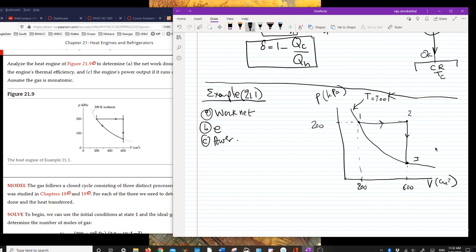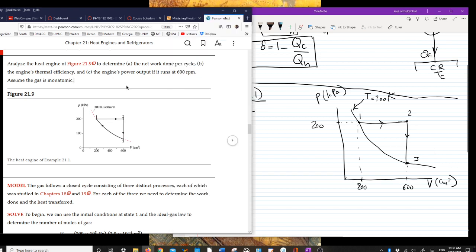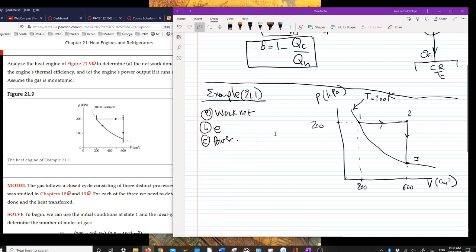One important thing is the very last sentence, he said, assume the gas is monatomic. When we say the gas is monatomic, what comes to my mind is that C sub P, the specific heat at constant pressure, is equal to 5/2 R, which is 20.8, whatever the units are.